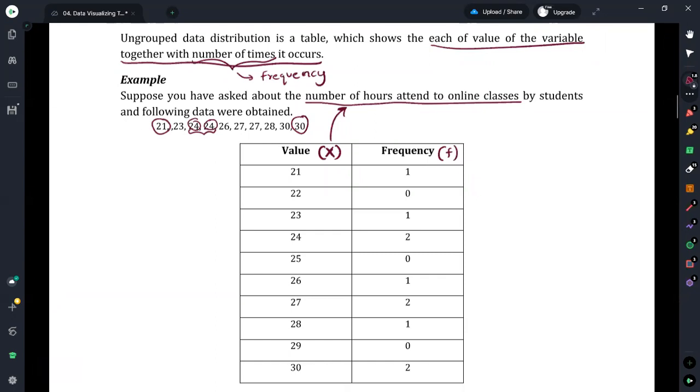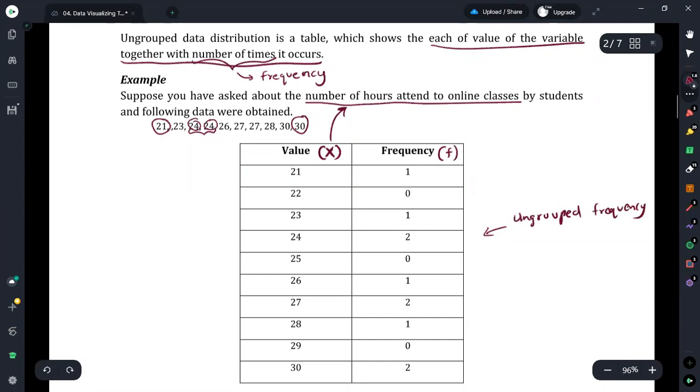Likewise, 25 is not here, therefore the value there is 0. In a similar manner, we can obtain it for the value 30 by completing all the other rows as well. Therefore, this is what we get as the ungrouped frequency distribution.